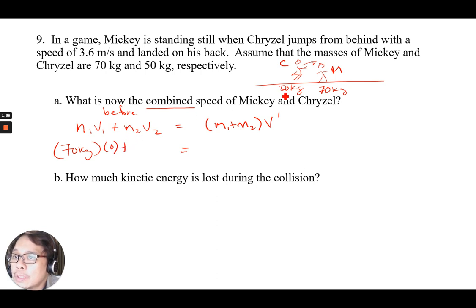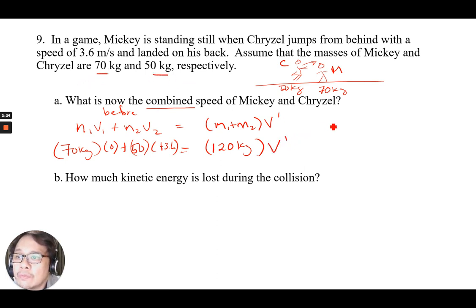And then m2, the mass of Crizel, is 50 kilograms, and he is heading towards Mikey. Let's make that positive 3.6, is equal to the combined masses, 120 kilograms. We got this from 70 plus 50. Then you have v prime.